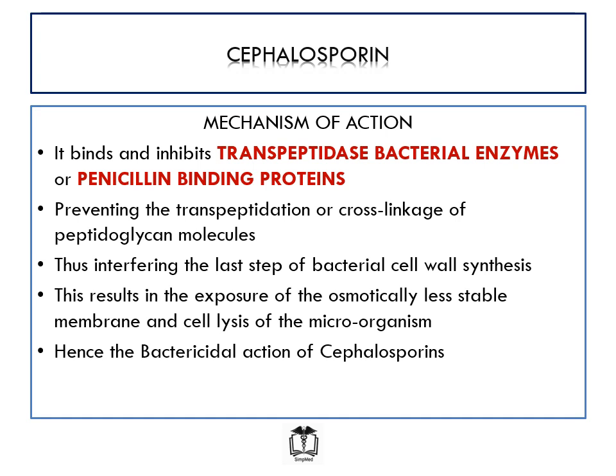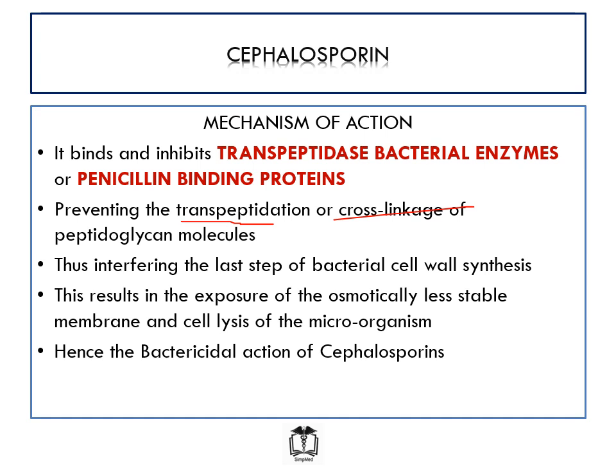The work of the enzyme is completing the last step of bacterial cell wall synthesis, the step called transpeptidation or cross linkage. So once cephalosporin inhibits the enzyme, transpeptidation and cross linkage will not occur, and as a result, the cell wall will be produced, but it's going to be deficient. And that last step is there to strengthen the cell wall.